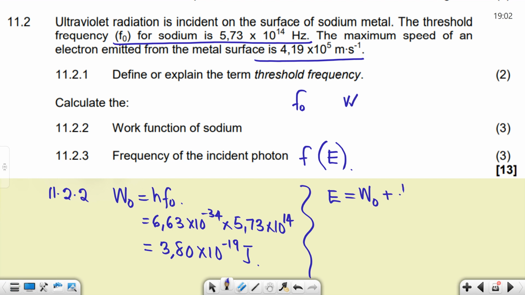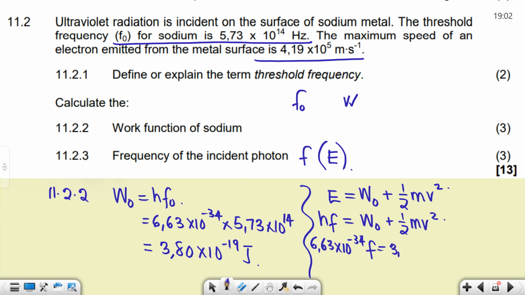Remember, they gave us V. Also, it's half mv squared. This is similar to what we did earlier on. hf, because we are looking for F. All right, for time purposes, I'm just going to skip this. I'm just going to put the values. We are looking for F.